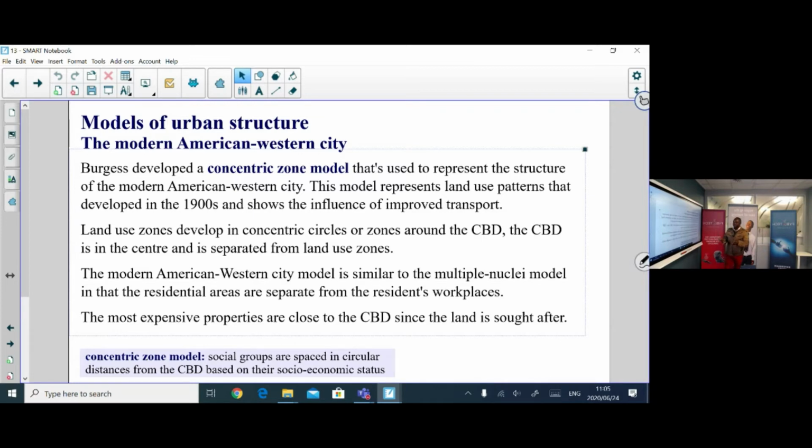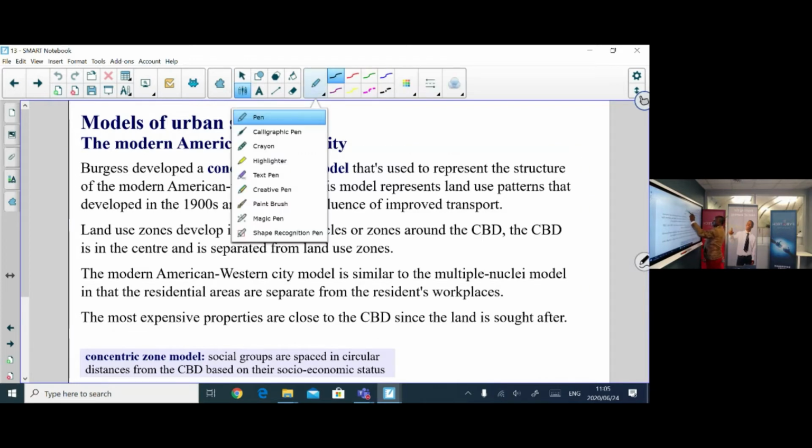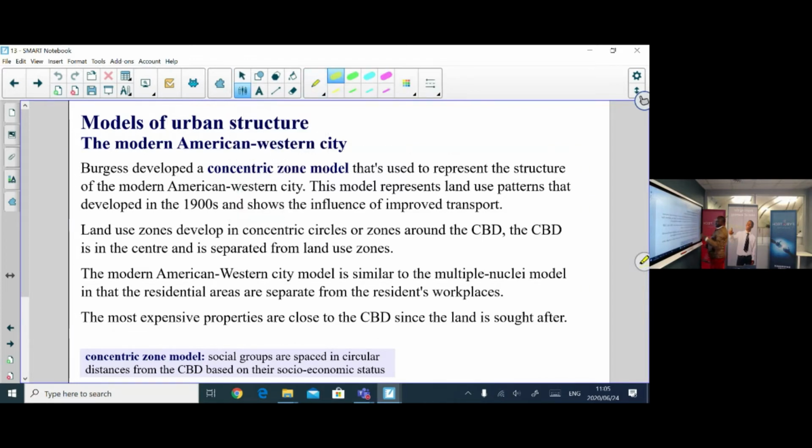It represents, or it used to represent, the structure of the modern American city. Why are we saying it used to? Because when we look at the criticism, you will see there are other models, like the one that we did yesterday, that are preferable nowadays.